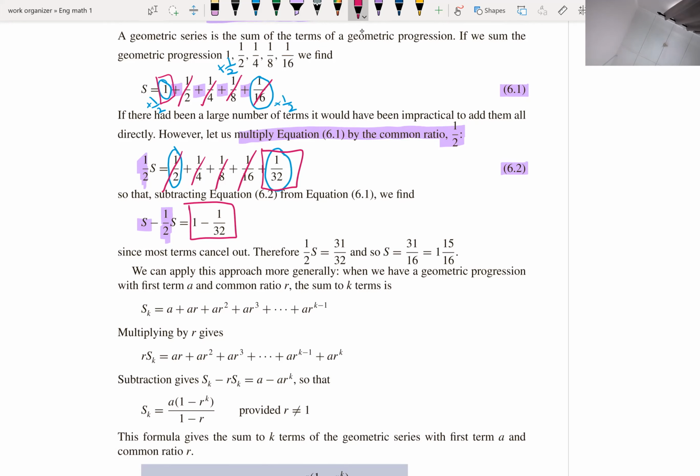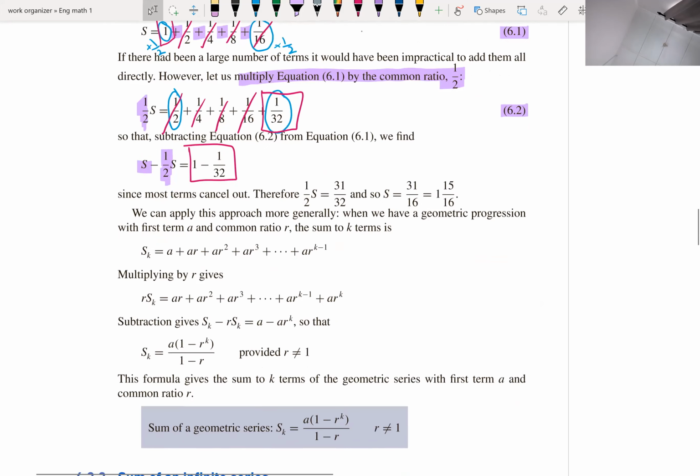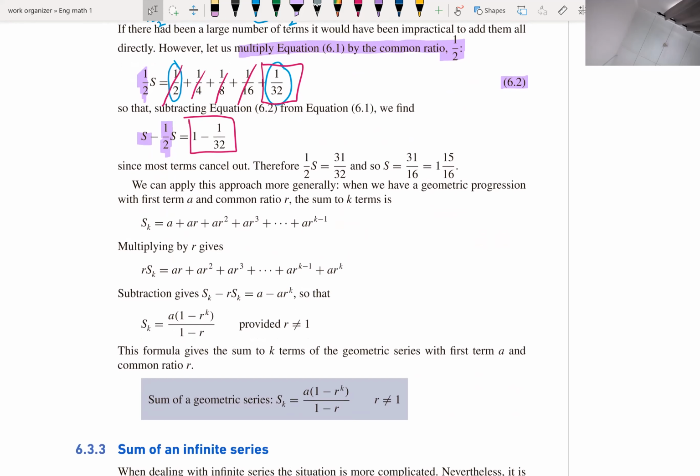Okay, so what we do, we put it in general term.